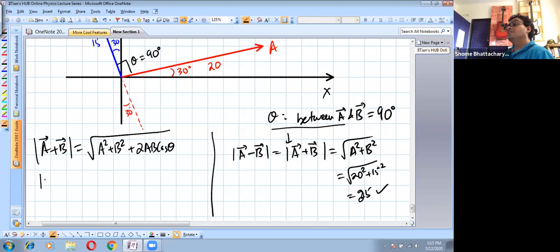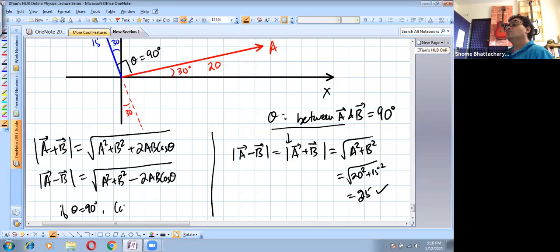And mod of A minus B is root of A square plus B square minus 2AB cos theta. And if theta is 90, cos theta you know is 0. So that's why this happens.